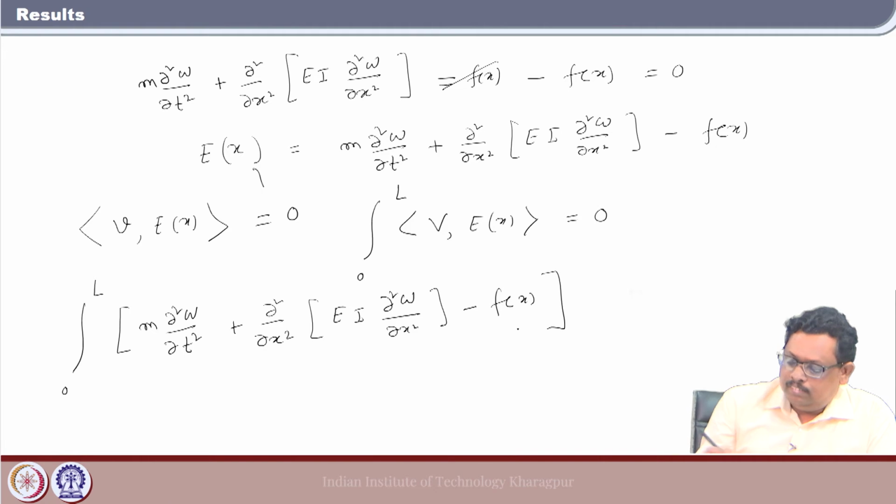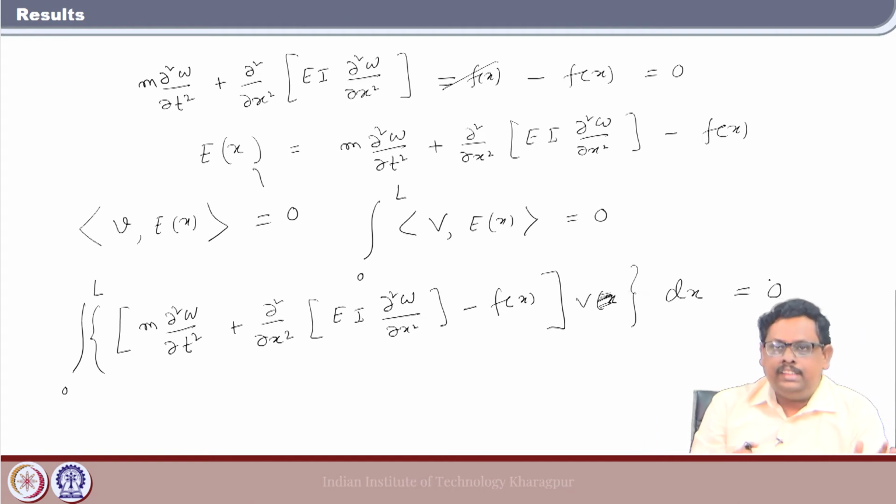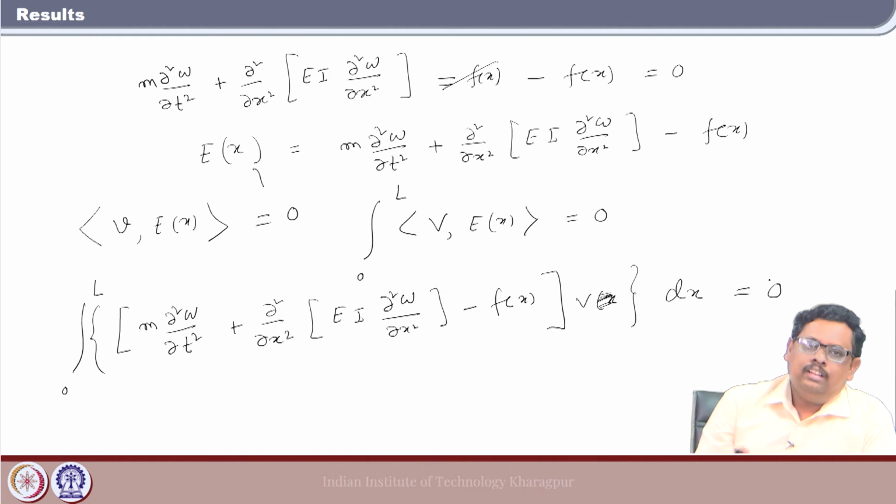This is the whole thing. I multiply with this function V, a function of x and t, and then if I integrate the whole thing along the length x, that should be equal to 0. So, this is the basic idea of the whole thing.